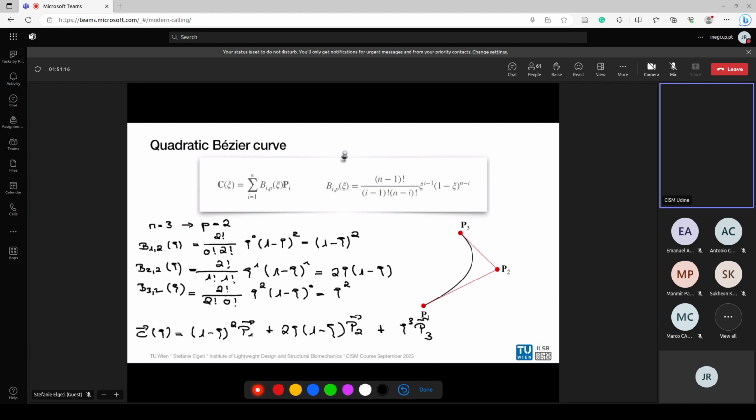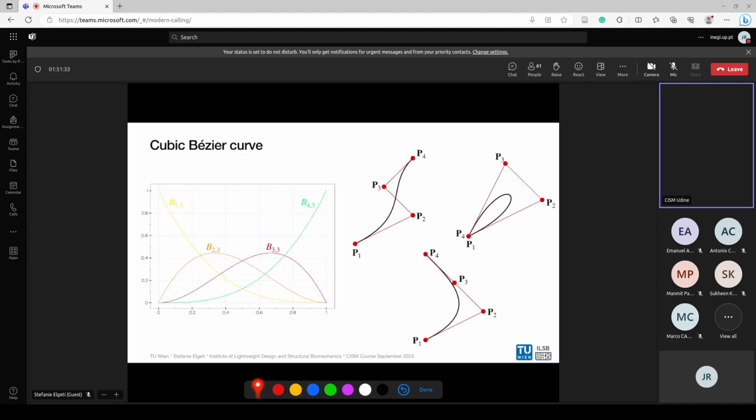So this is the Bezier curve. This is one example of what this quadratic Bezier curve is like. But depending on how we arrange the control points, we can represent many different shapes. If we go to cubic, for example, we have 4 basis functions in total.